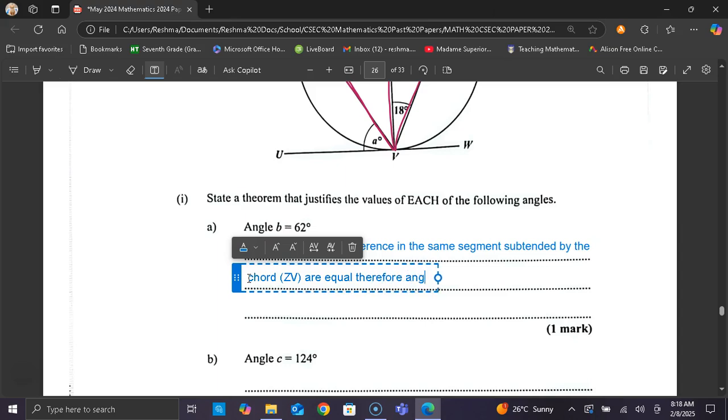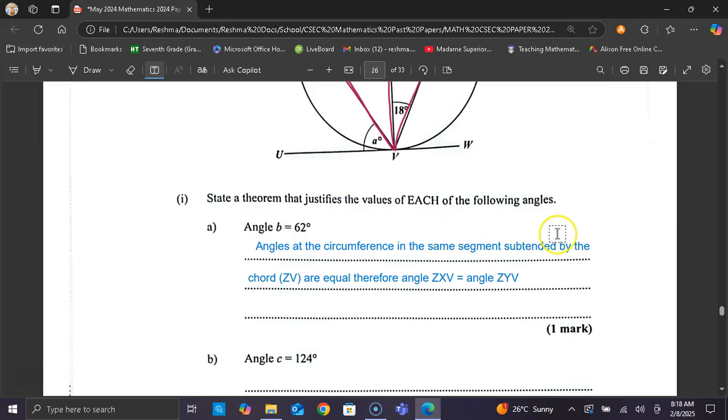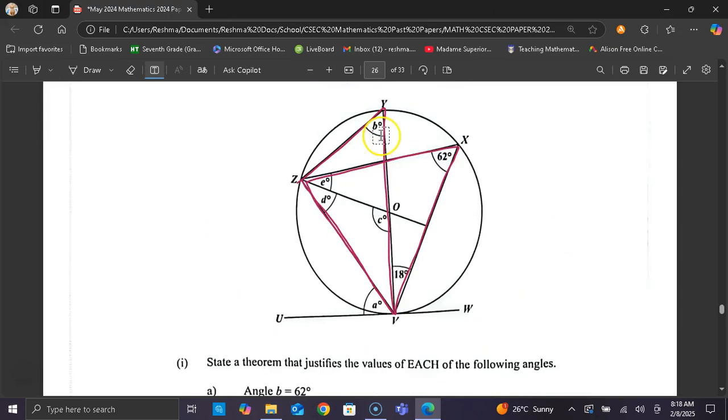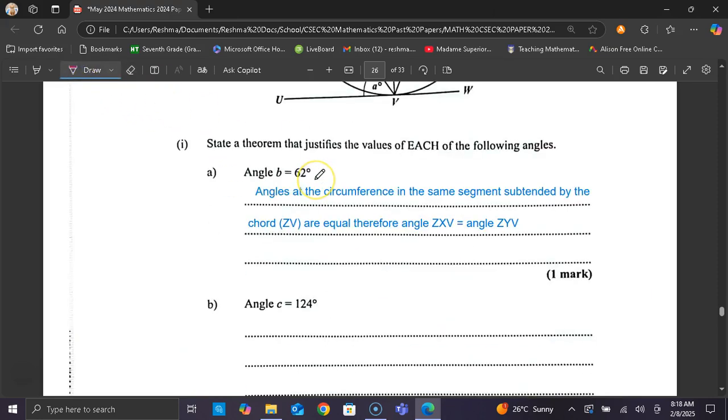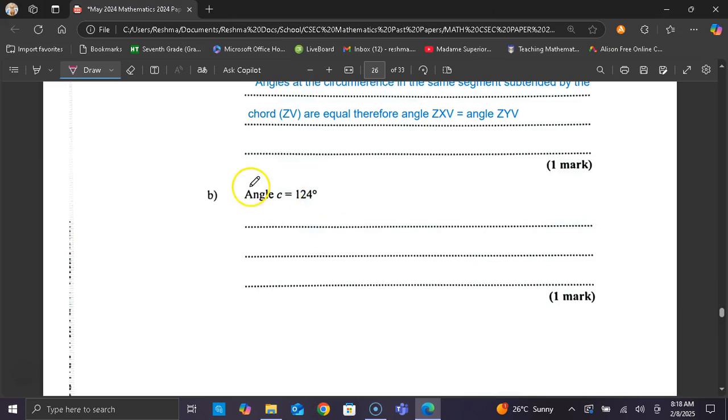Therefore, angle ZXV is equal to angle ZYV. Okay, so that's the reason for angle B being 62. Just erasing these lines. Alright, so let's find the other angle.